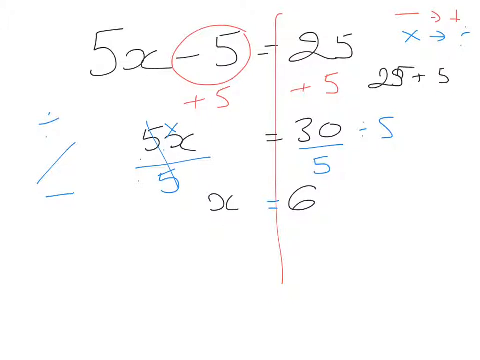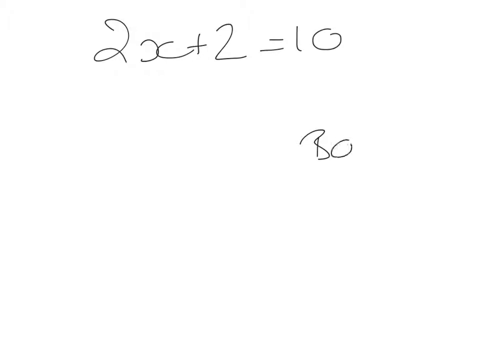But I am aware that some of you will find that quite difficult, so there is a different method that you could choose to use. Let's go back and pick our 2x plus 2 equals 10 example. And then we recall BODMAS.